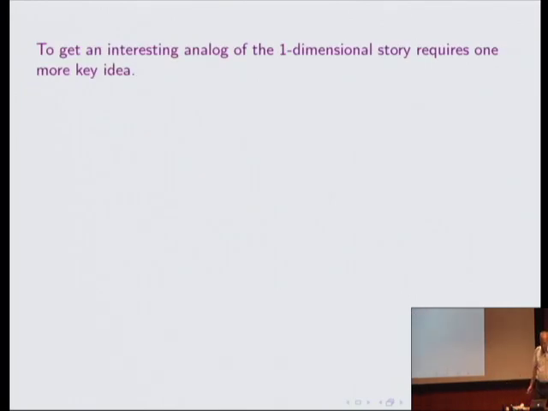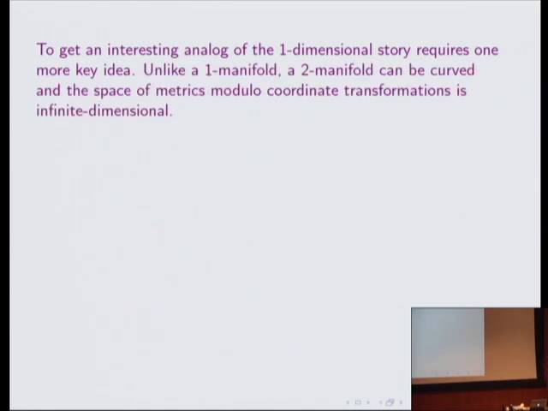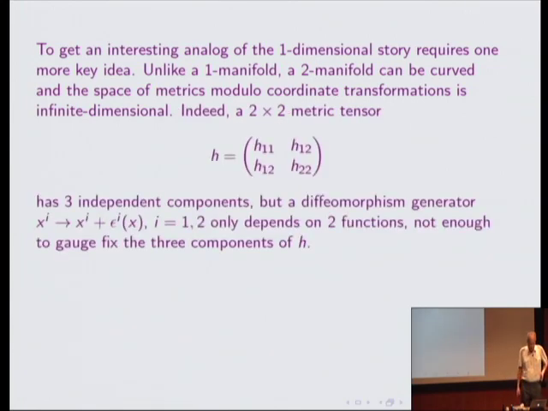Now, to get an interesting analog of the one-dimensional story, which I remind you is conventional physics, that is, ordinary quantum field theory, requires one more key idea. Unlike a one-manifold, a two-manifold can be curved. And the space of metrics modulo coordinate transformations is now infinite dimensional. Here's a 2x2 metric tensor.